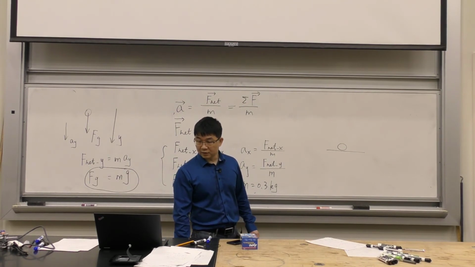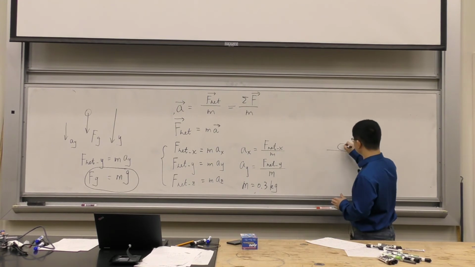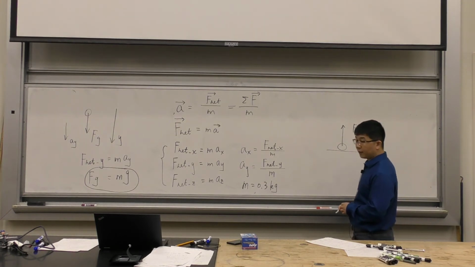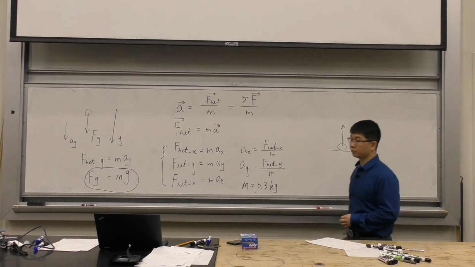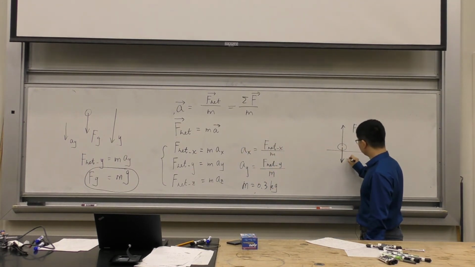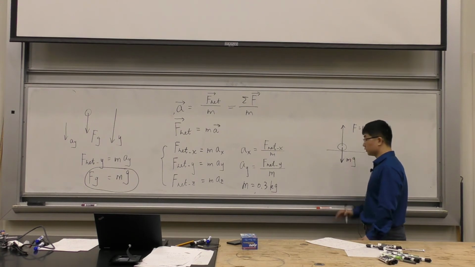When it's launched, the motor provides a thrust force of 15 newtons up, and then it has gravity. But this force is greater than the gravity, because you can calculate the gravity. So gravity is still on it when it's launched, but the thrust is going to be greater than the gravity.